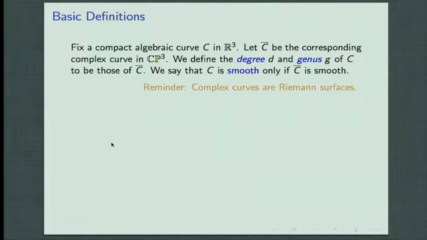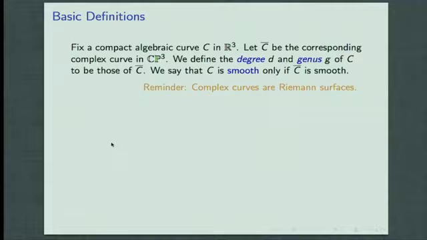That's the number of intersection points with a plane in 3-space. So if I have a curve in 3-space, the degree is the number of intersection points with a general plane. Since I made the problem easy, it doesn't matter which plane I've taken. The second number is the genus, g. It's a Riemann surface, orientable, so it's a donut with a bunch of holes, and the number of holes is the genus. That's g. Okay?